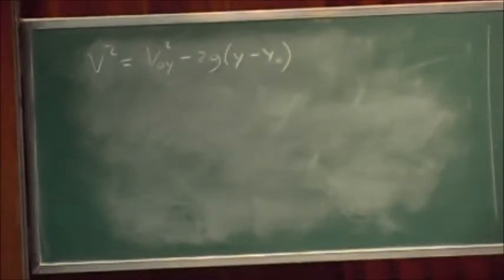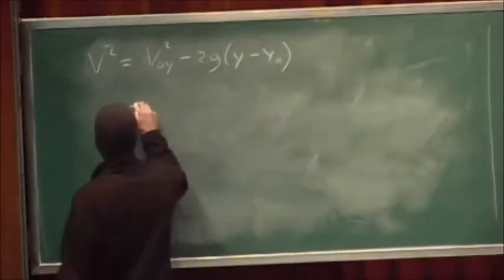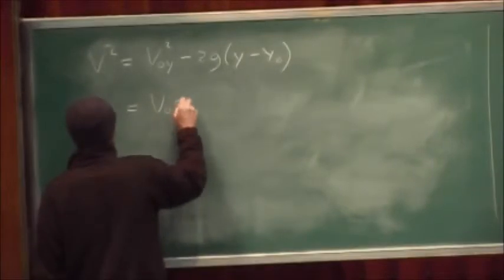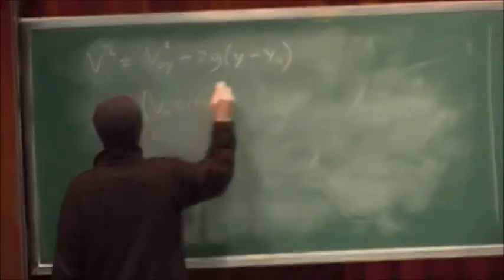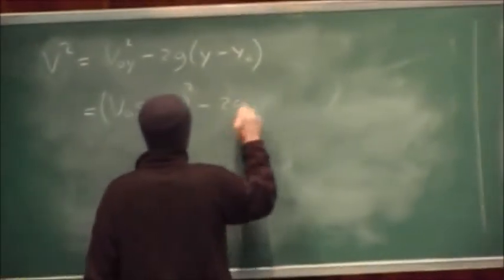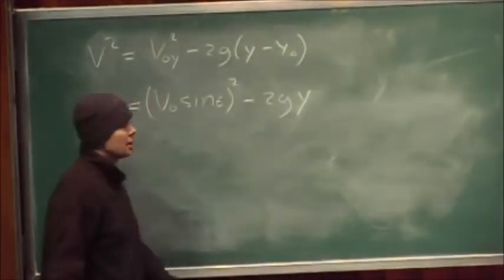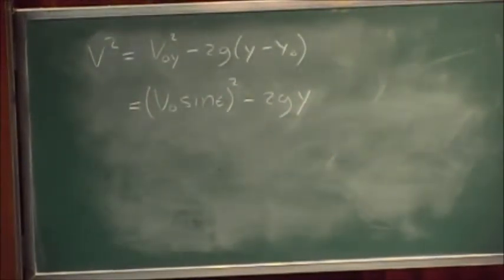Correct? Okay, so then this is, as you recall, v0 sine theta squared minus 2g y, where we've assumed y0 is 0.